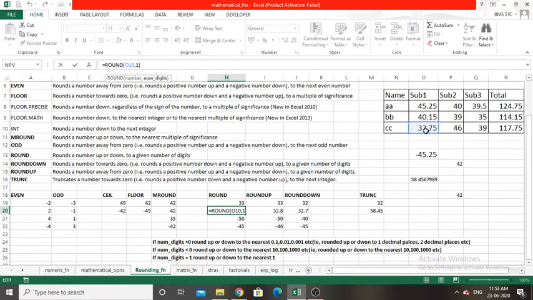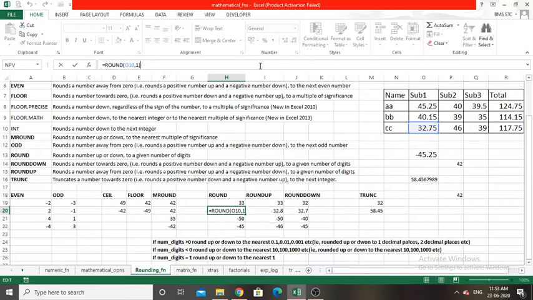Suppose the number was 32.74, then the round function will be round of 32.74 comma 1. What will be the output? 32.7, right? Because in 32.74, 4 is less than 5. So this was a general rule.